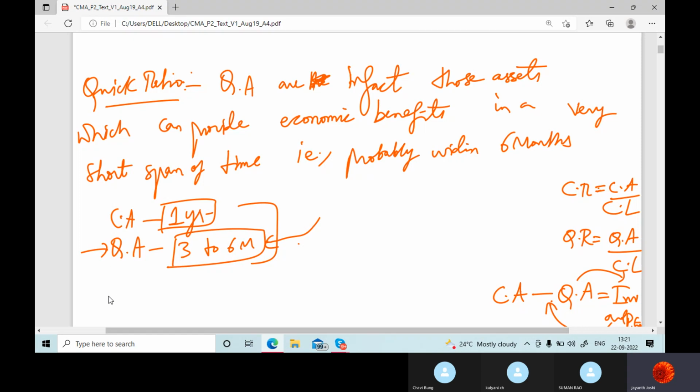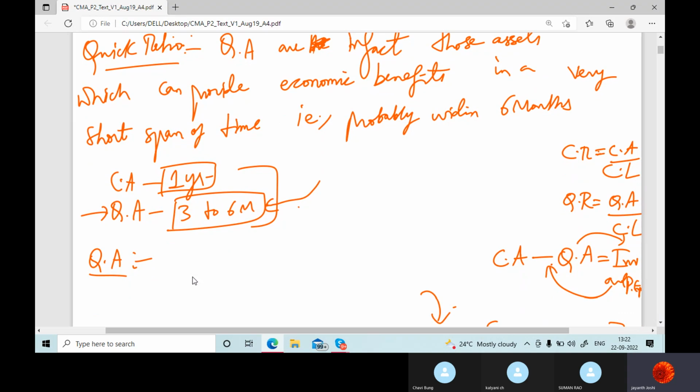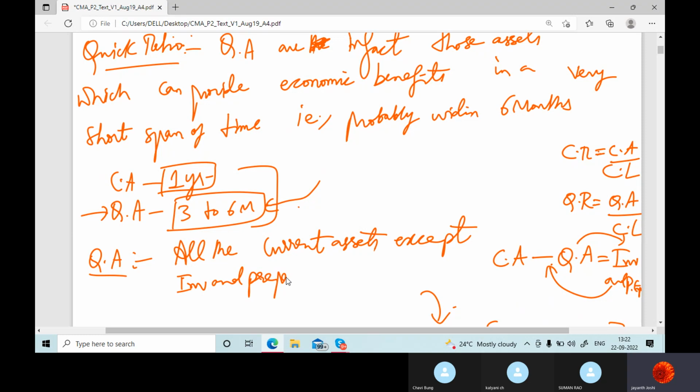Now, if I have to give a simple version, quick assets are nothing but all the current assets except inventory and prepaid expenses.